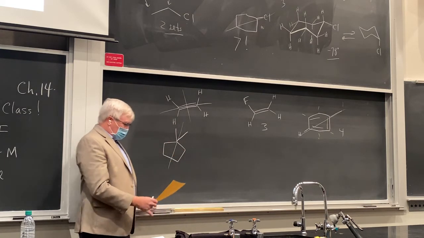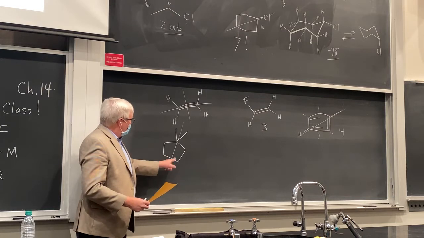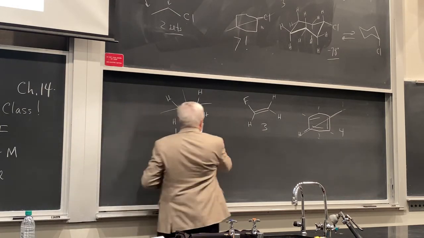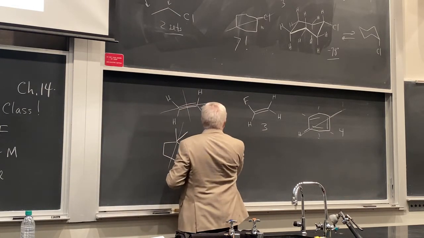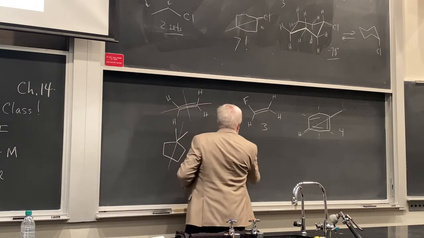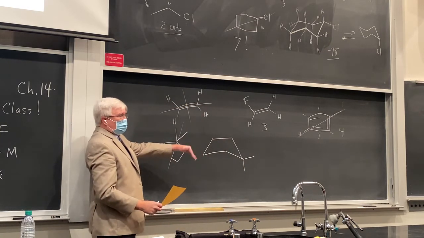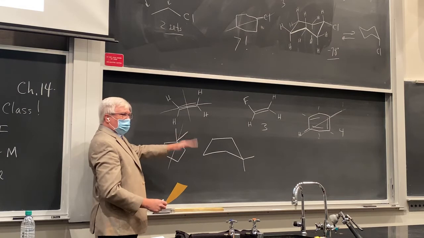So will that be a different set? Yeah, maybe. And then these 2 are the same idea there. You could draw a conformation of this. Cyclopentanes have this envelope conformation, and you'd have these 2 methyls, which are kind of pseudo-equatorial, pseudo-axial, but it's very fluxional.